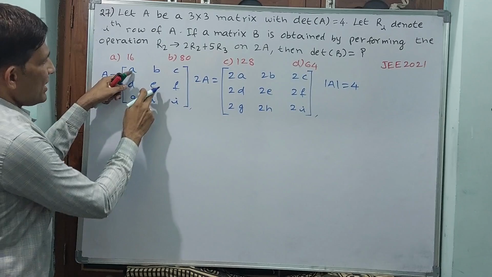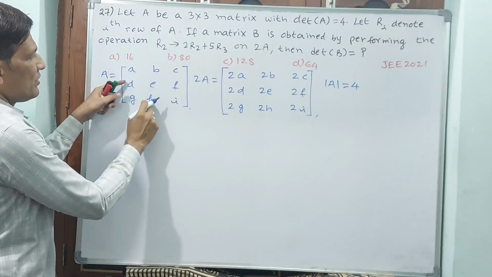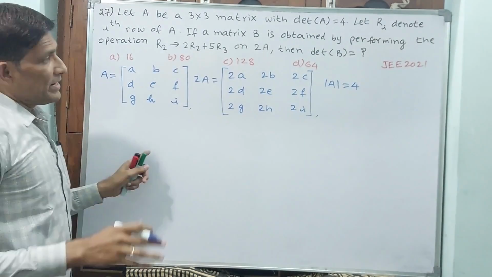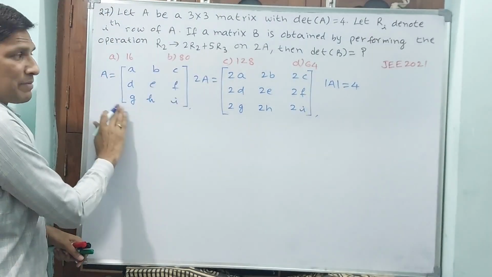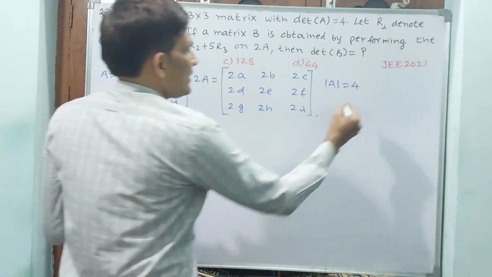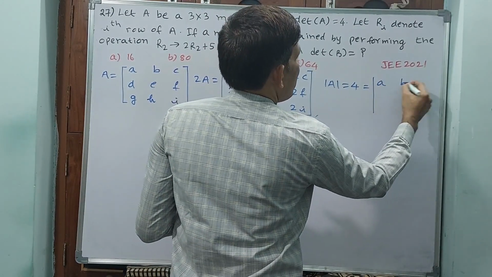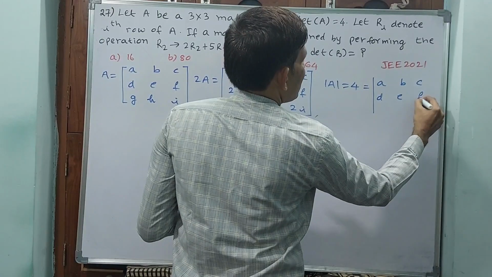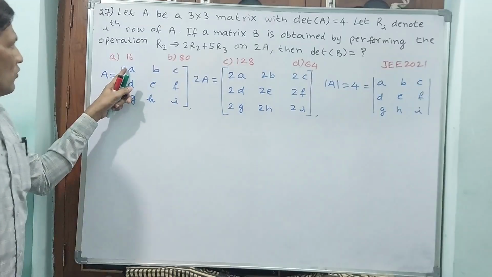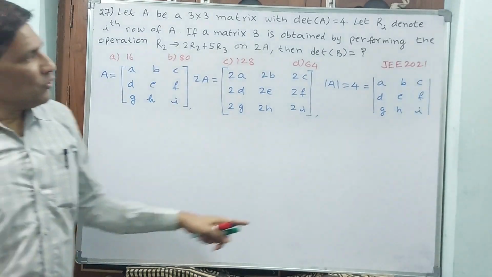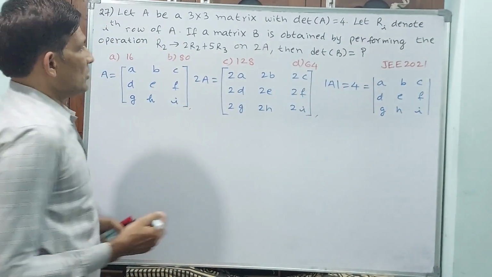I am not expanding it as A into EI minus HF minus B into DI minus GF plus C into DH minus G; first I am writing simply determinant of A is equal to this one. Or else I will write it like this: determinant of A is equal to the determinant with rows A, B, C, D, E, F, G, H, I. If you put brackets it is a matrix, if you put modulus it is a determinant. Determinant A I have also written.